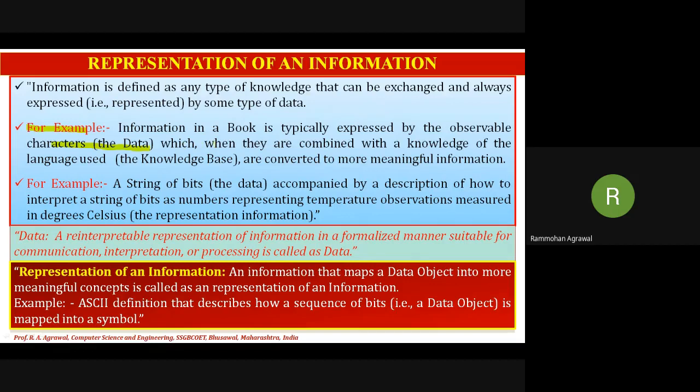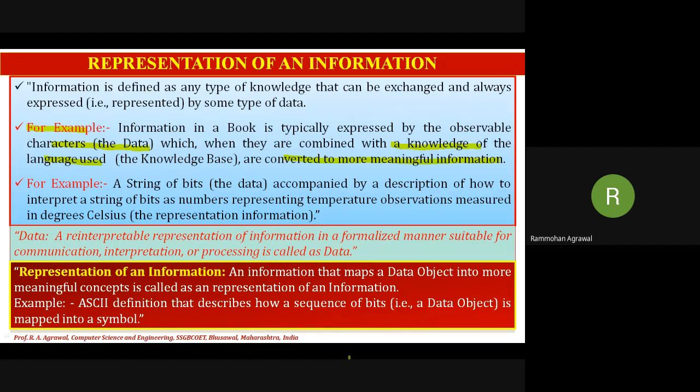And when these characters are combined with a knowledge of the language, such as English or any other knowledge base, they are converted into more meaningful information. More meaningful information means we are processing the knowledge and trying to create some meaning from that knowledge. Once a knowledge meaning has been created, that is equivalent to the process of data creation from information.